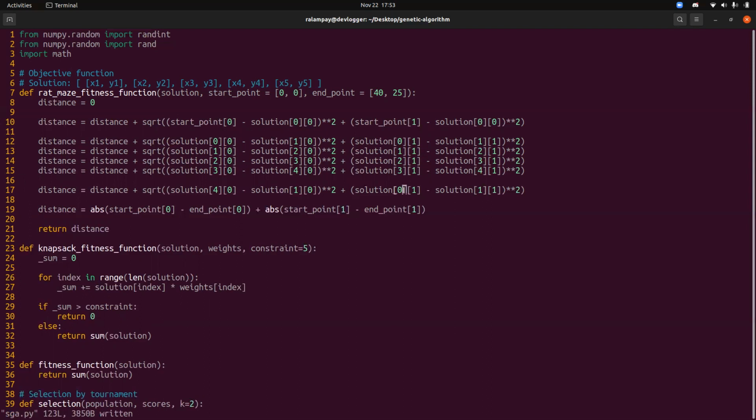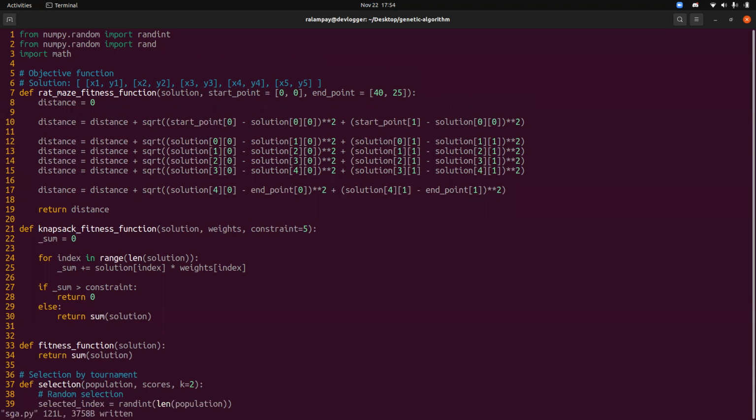And then finally, we have the endpoint. So it's kind of like this one. 4 to endpoint. Second coordinate to endpoint. Second coordinate. Okay. So this will still give us a score, right?